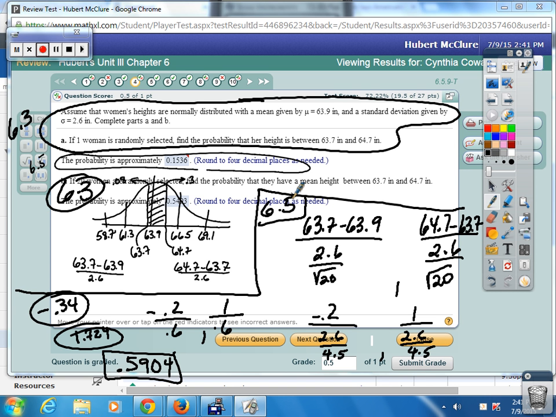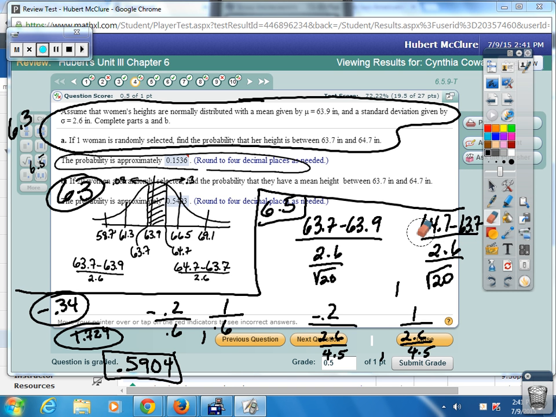That's it. What did you do? Did you find the error? Yeah, we weren't supposed to divide by 1, we were supposed to divide by 0.8. For the second part, it's supposed to be 0.8 divided by, this is 64.7 minus 63.7?